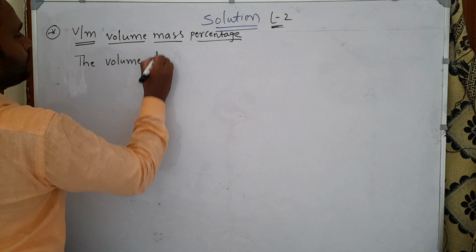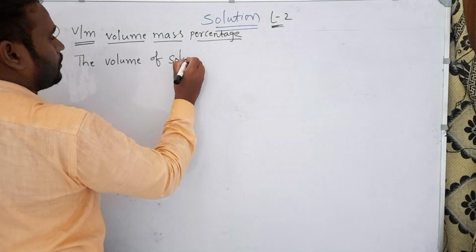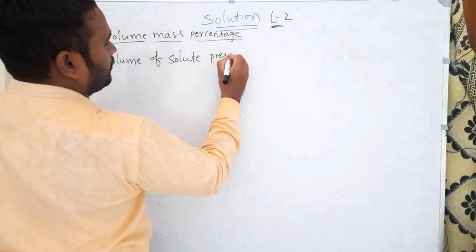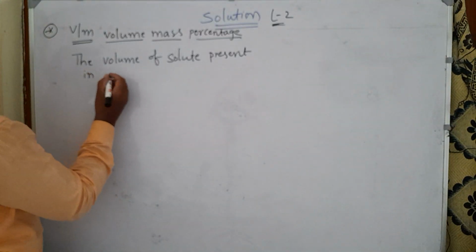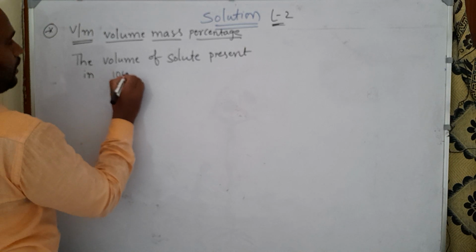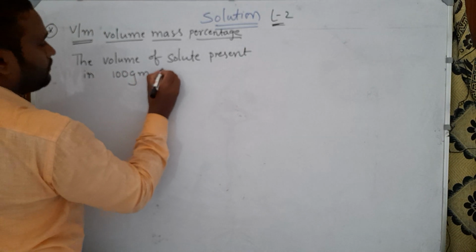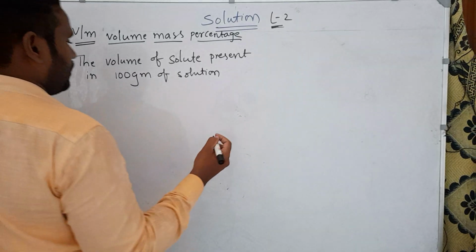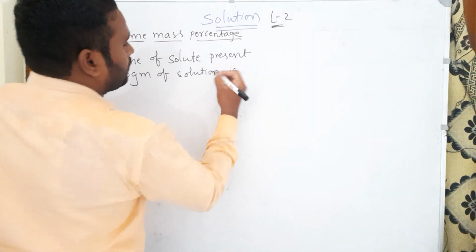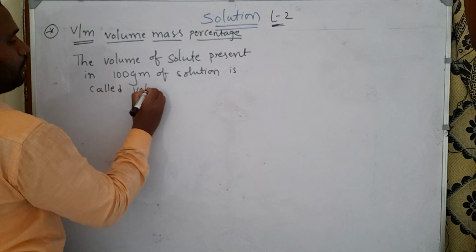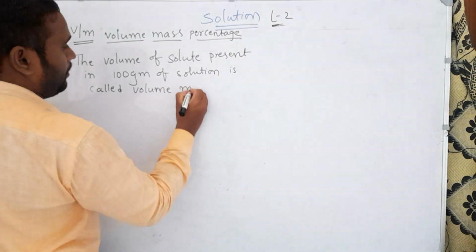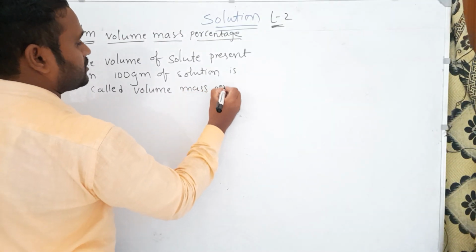The volume of solute present in 100 grams of solution is called volume mass percentage.